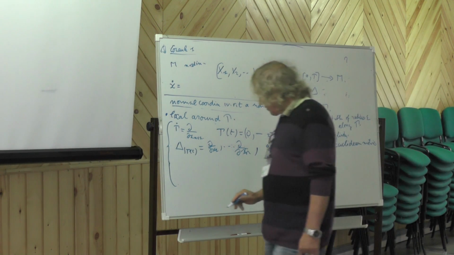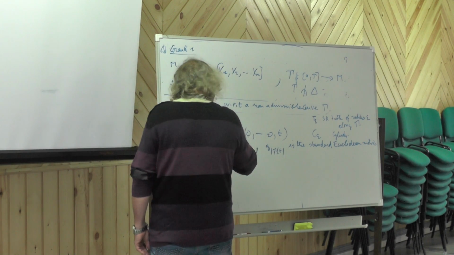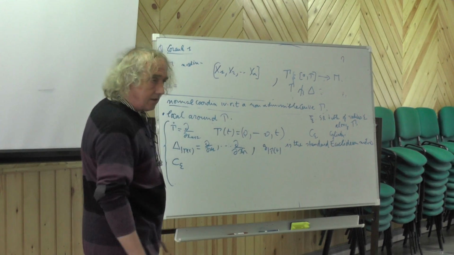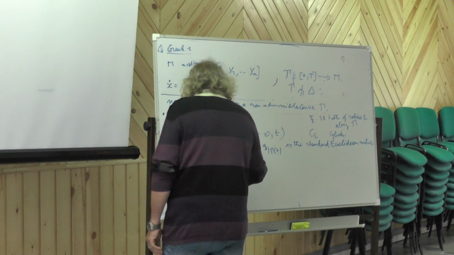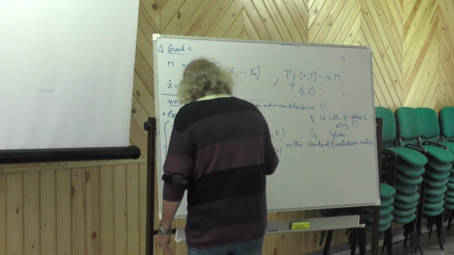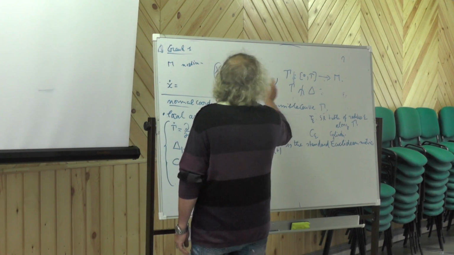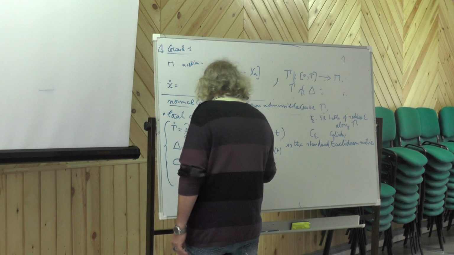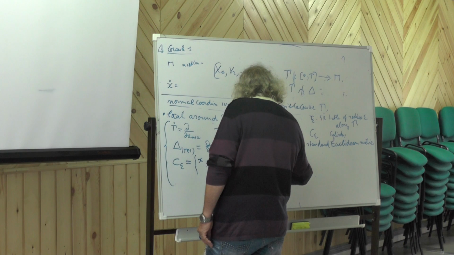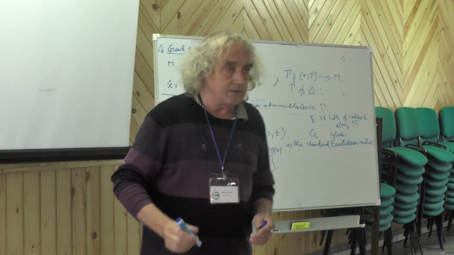And I require also in these coordinates that C epsilon, the cylinder of radius epsilon, is just the usual Riemannian cylinder. So it is just the set of x such that x1 square plus ... plus xn square is equal to epsilon square. I require this.